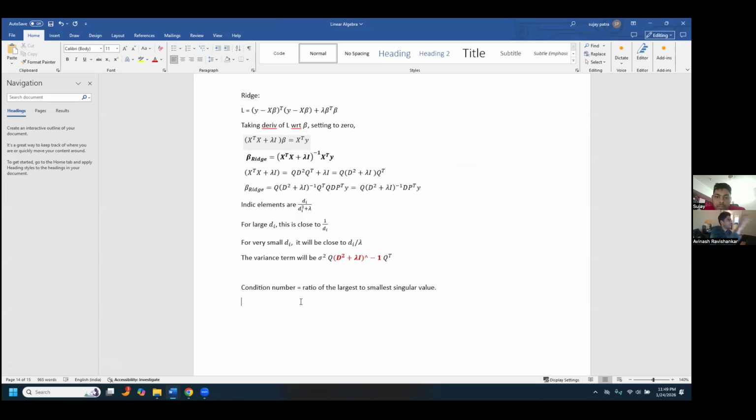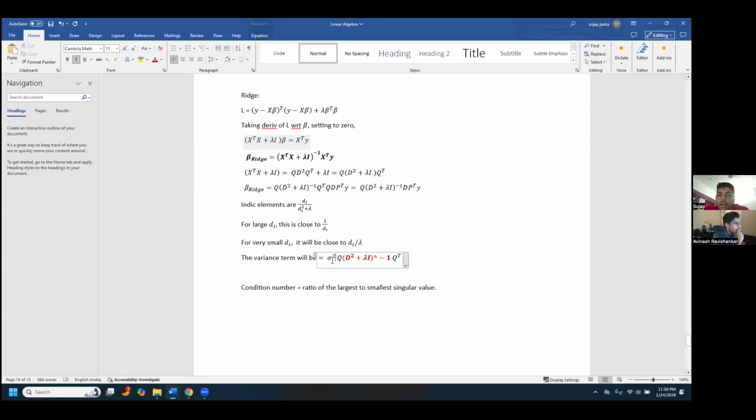So now we have a formula for the beta and we have a formula for the variance as well. There's supposed to be an equal sign there. The variance term will be, okay, I can put in the equal sign.